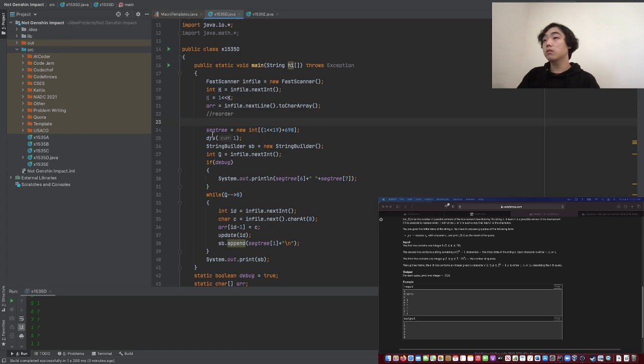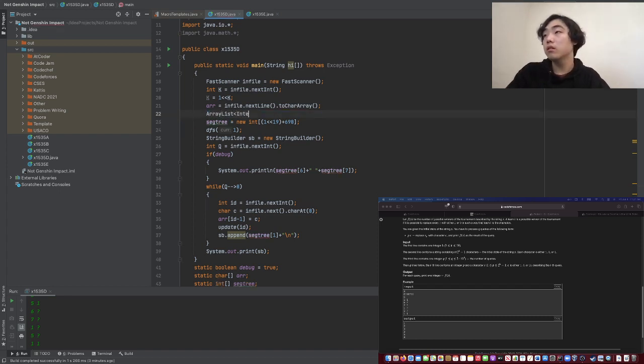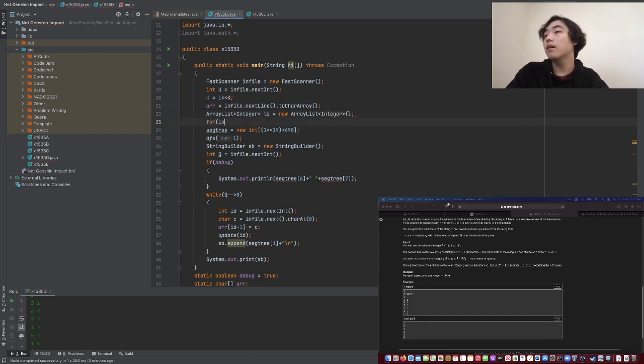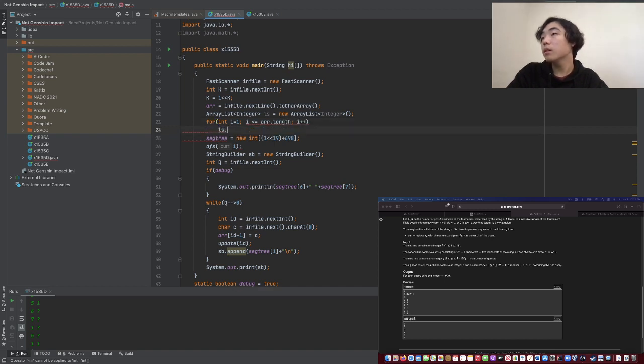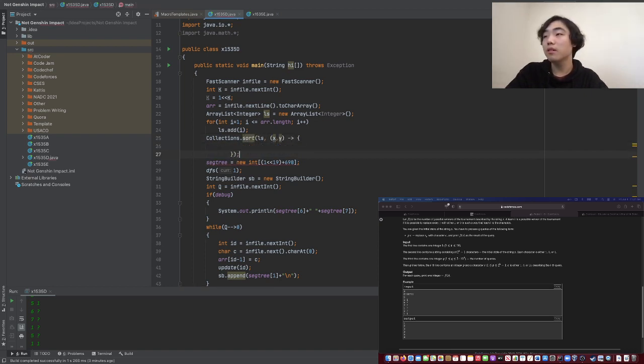Yeah, so what if we just do that? So we just do for I is equal to 1, I is less than or equal to. This is kind of a stupid way to do this, but it should work. It definitely should work.